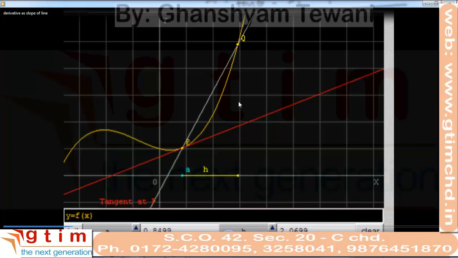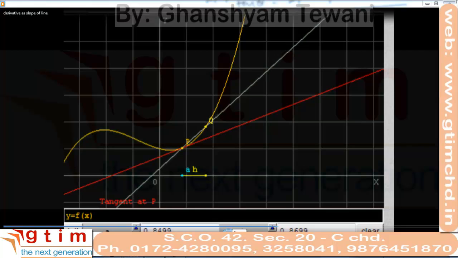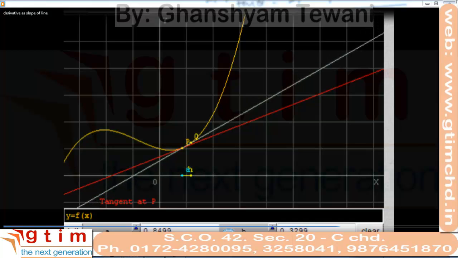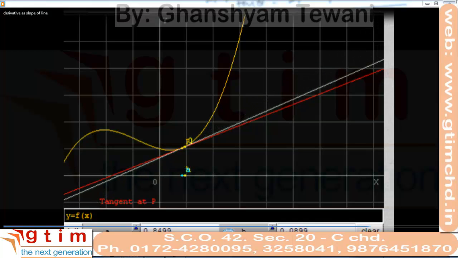Once again, you can see here points Q and P are joined, which is a secant. Now point Q is moving along the curve towards P. This h is becoming smaller and smaller, and when point Q is very close to point P, this secant is coincident with this red line.